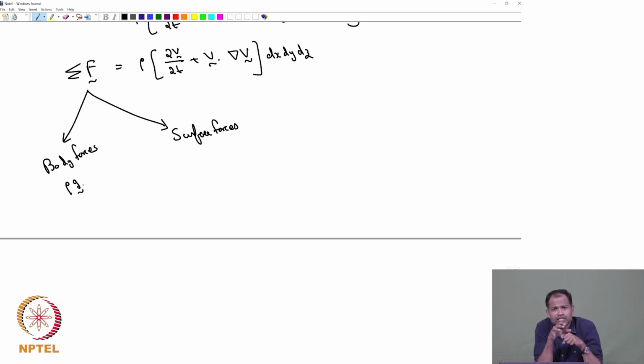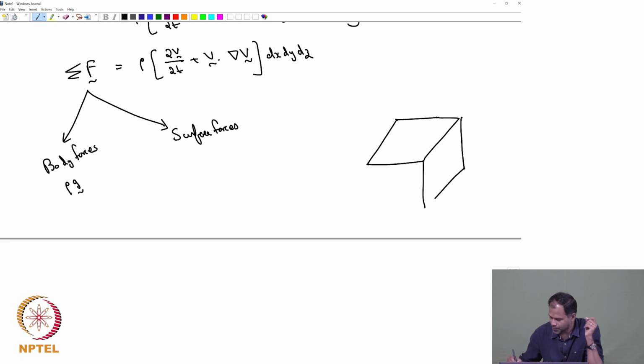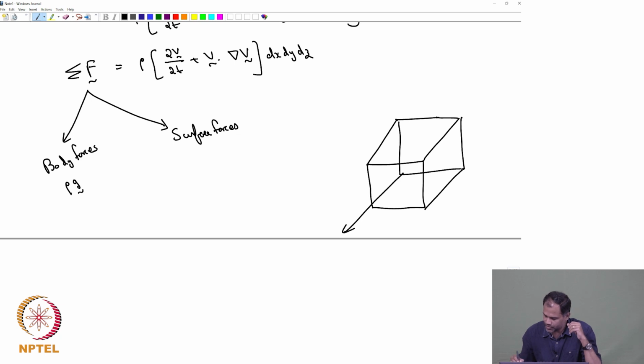Now, surface forces are the forces that act on the surfaces of the fluid element. Let us look at the same fluid element; I will make another diagram. That is a fluid element, and we had it in a different coordinate system, x, y, z.